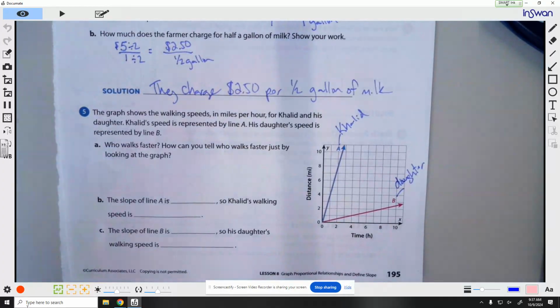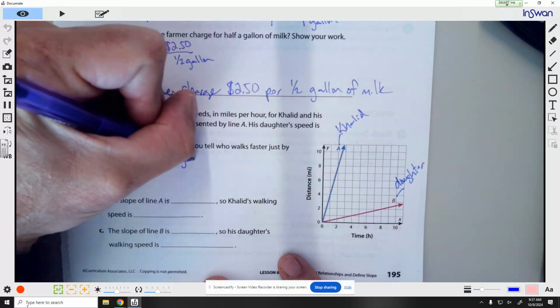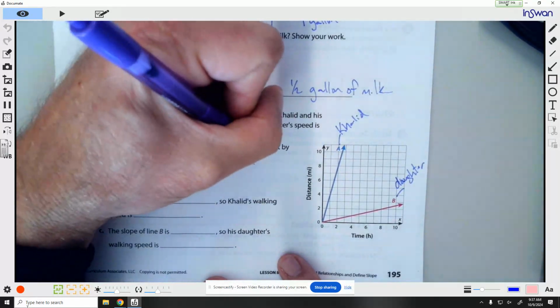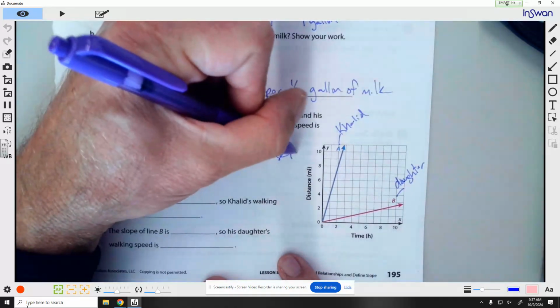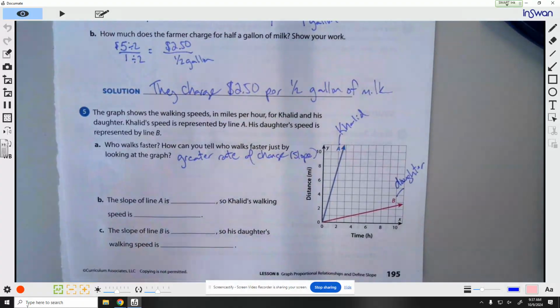All right, so if we look at the graph, we want to find whoever has the greater rate of change. Remember, rate of change also means slope. So whoever has the highest slope would walk faster.